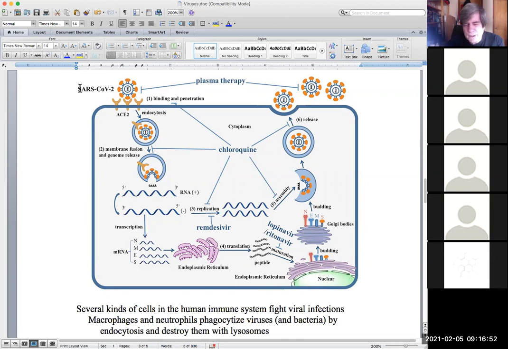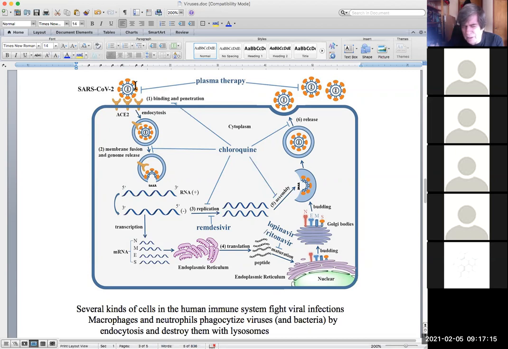So here's our virus, the SARS-CoV-2, and we can see those S glycoproteins, those spike proteins sticking out. Inside, we can see a little blue circle. That's our viral envelope, our double phospholipid layer. And then inside that, we have our capsid and our RNA.